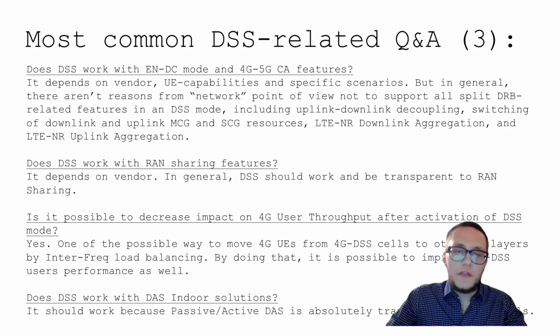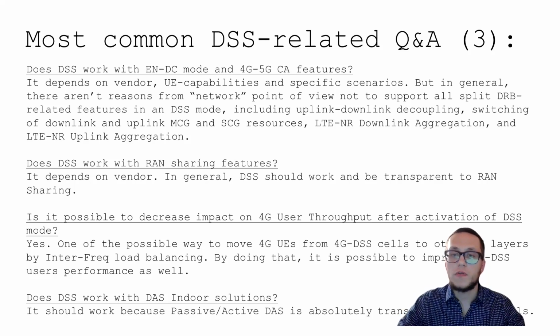So I think it is possible. Does DSS work with RAN sharing features? Again, it always depends on vendor, but in general, DSS should be absolutely transparent to RAN sharing. Is it possible to decrease the impact on 4G user throughput after activation of DSS mode? I think it is possible.